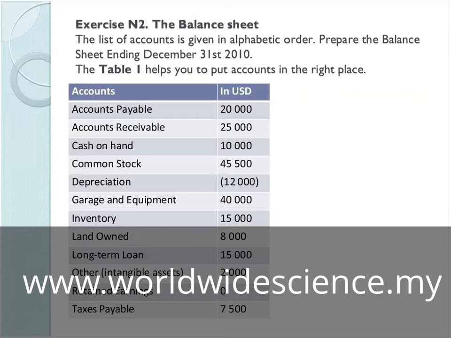Here are the given accounts and the figures in US dollars: accounts payable, accounts receivable, cash on hand, common stock, depreciation, garage equipment, inventory, land owned, long-term loan, other intangible assets, retained earnings, and taxes payable.